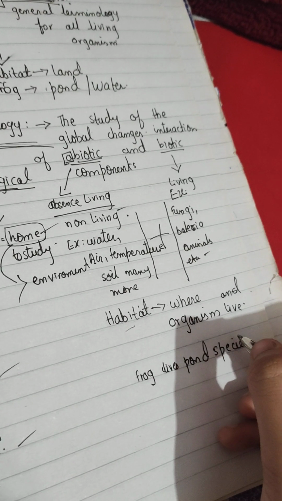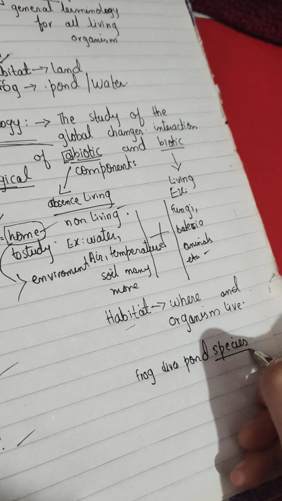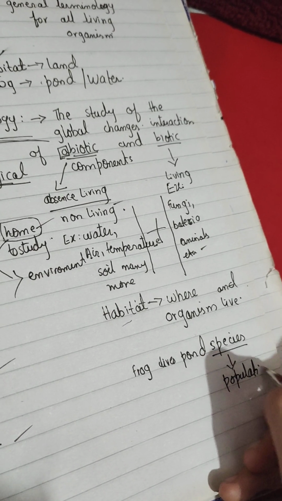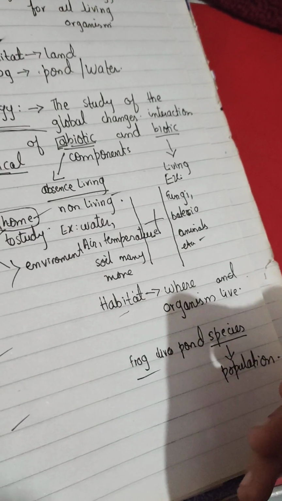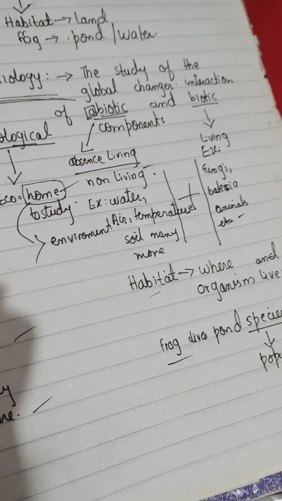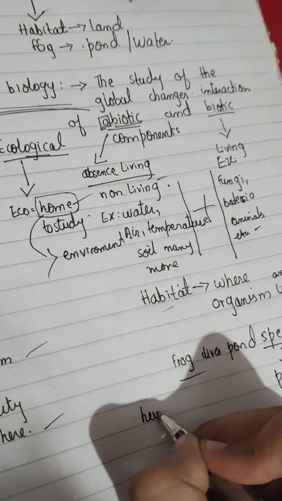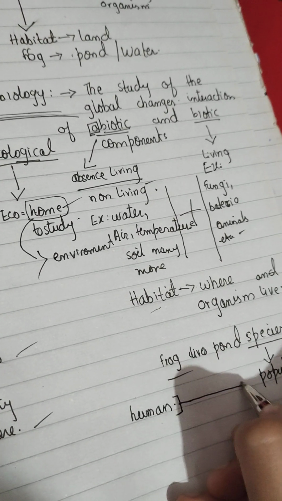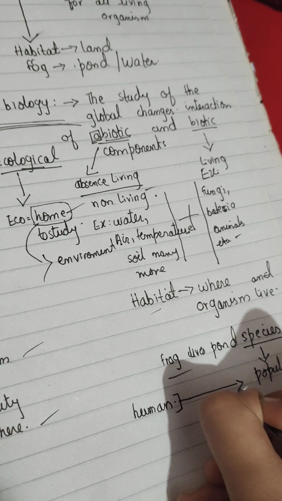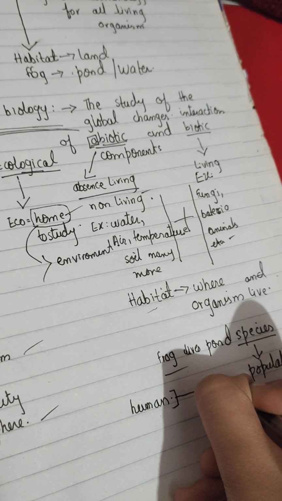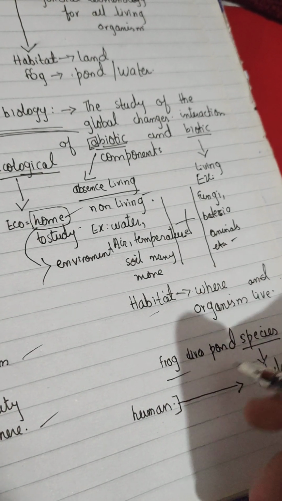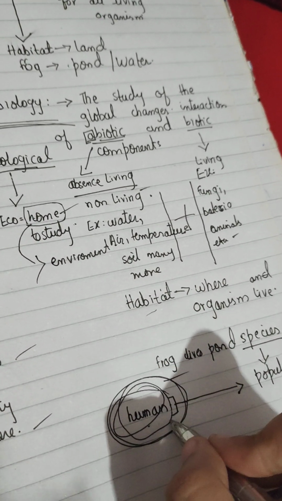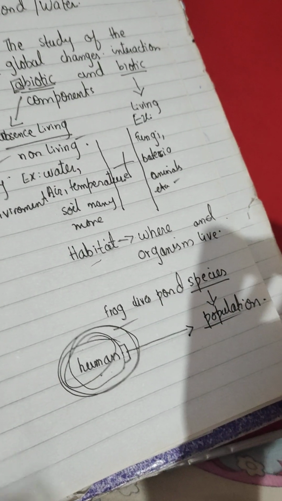The same species form a population. If a group of humans are sitting in a class, that is known as population. When you talk about the population of Pakistan or other countries, you are pointing to the number of human beings, and that refers to the population.